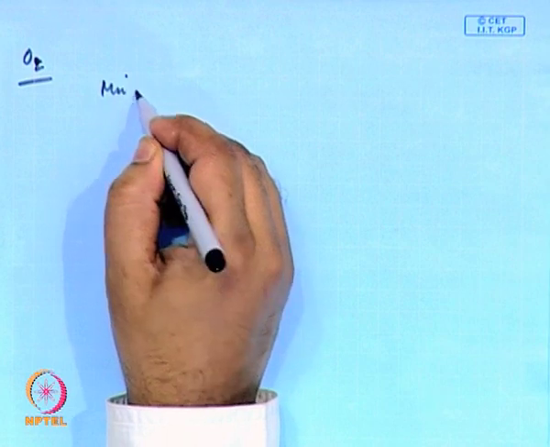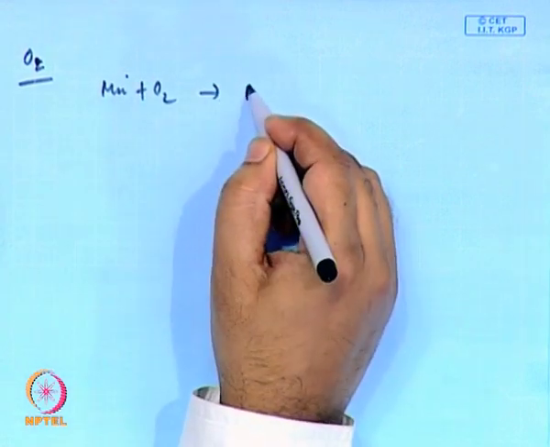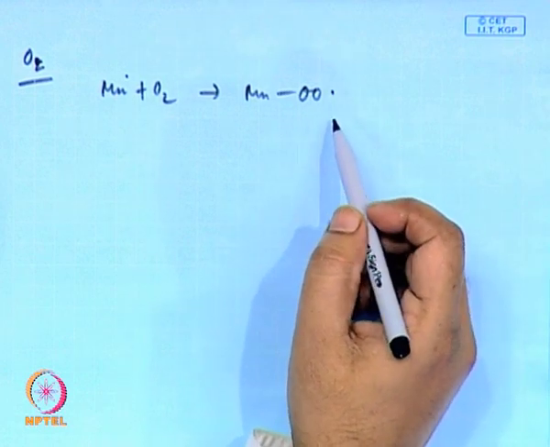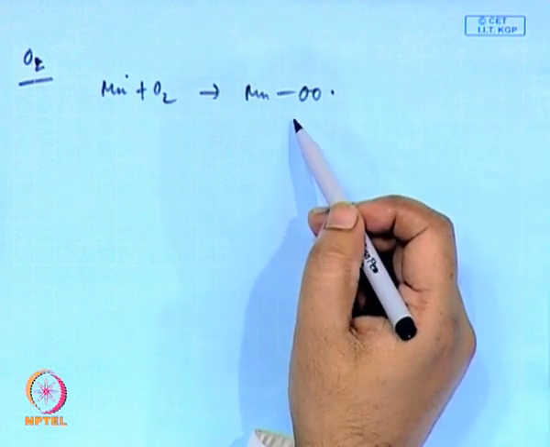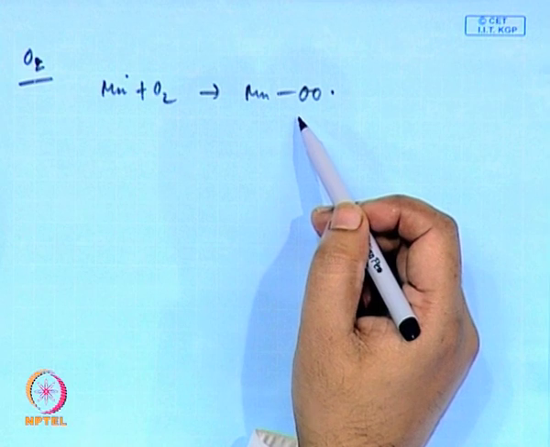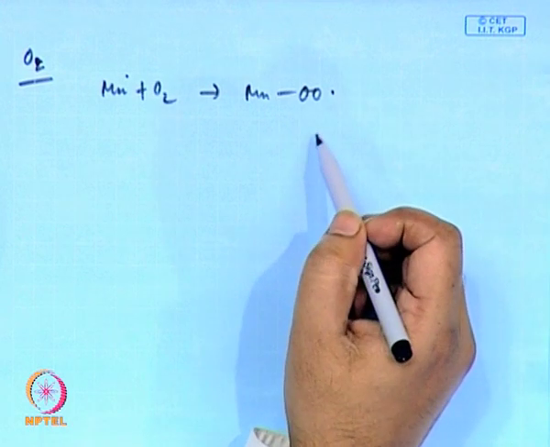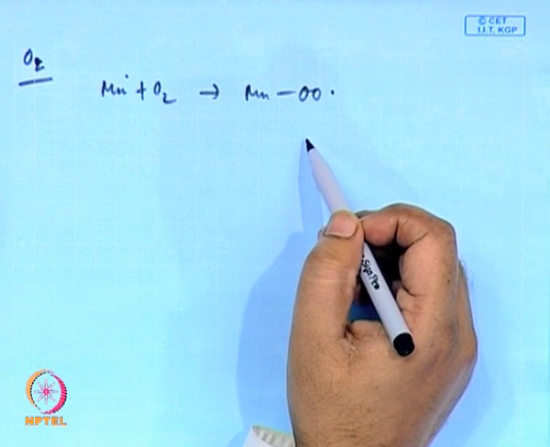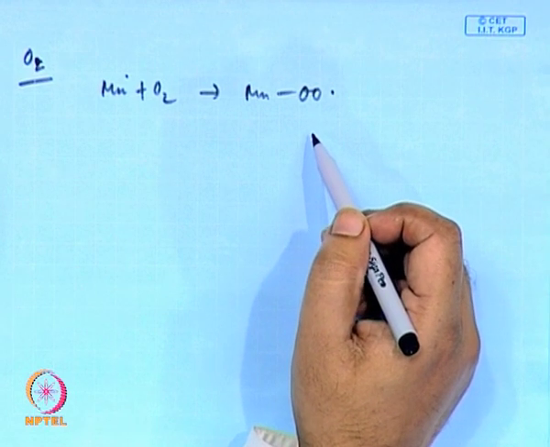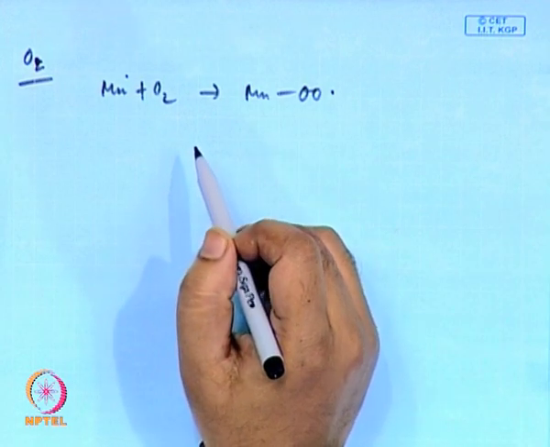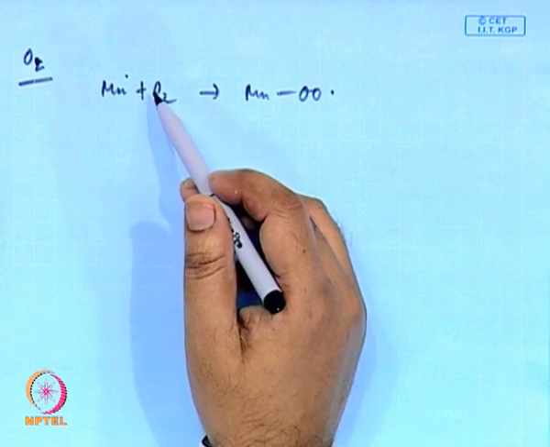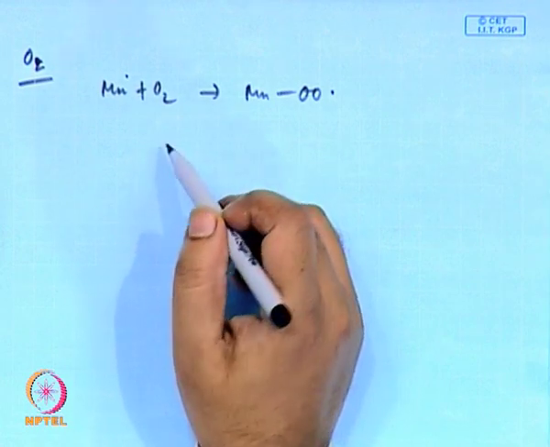This can react to form a non-radical species, and this can react with another Mn dot and form a non-radical species. So, that is the reason, and the transfer coefficient or the transfer constant is very high for this reaction.